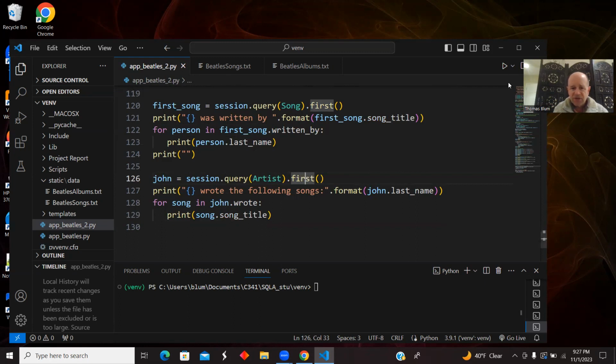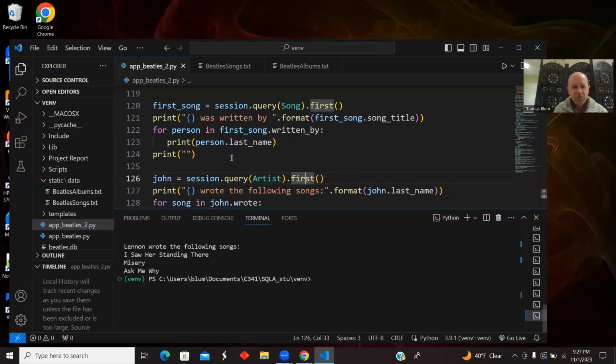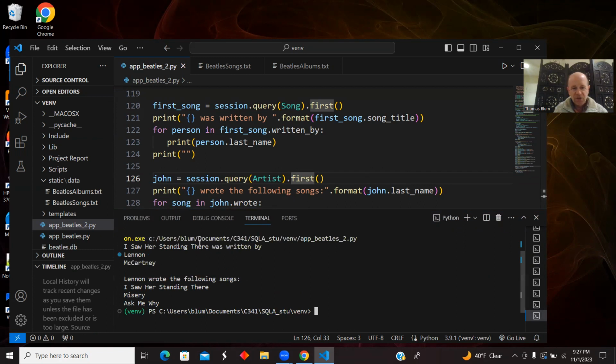And all that's left is to run it. And then, so first we queried the first song, which was I Saw Her Standing There, and that was written by Lennon and McCartney. So the one song was written by many artists, many being two.